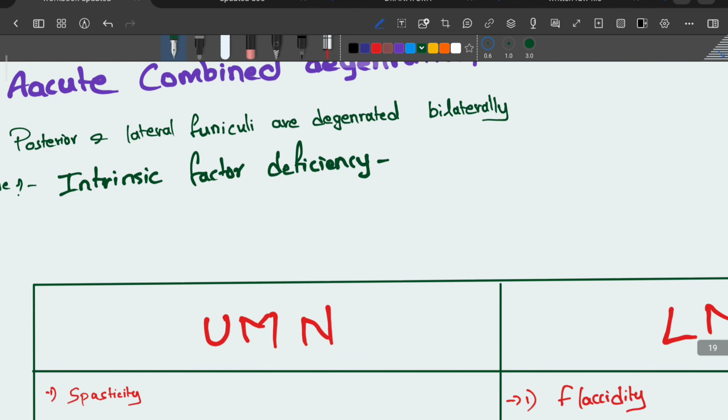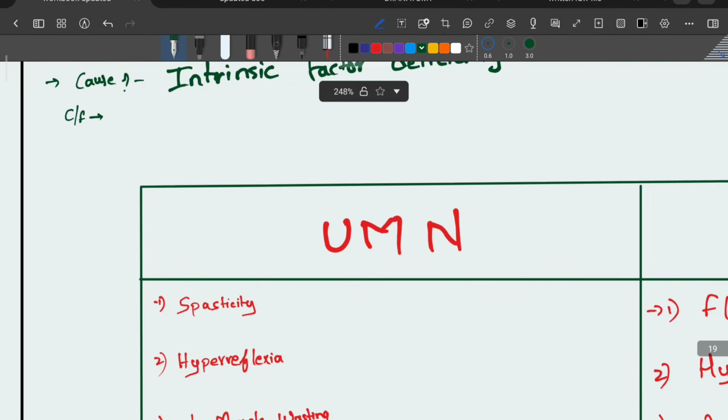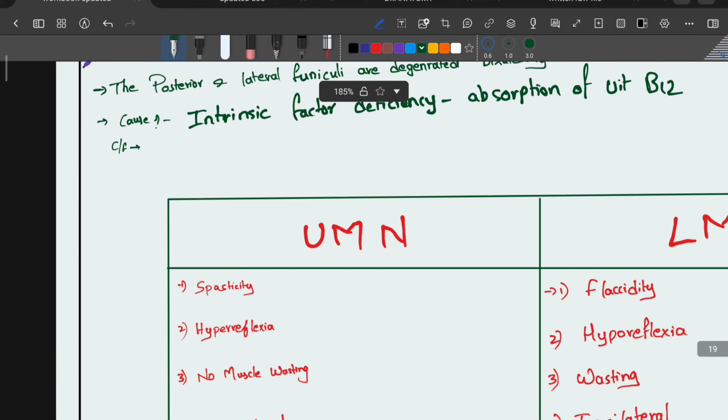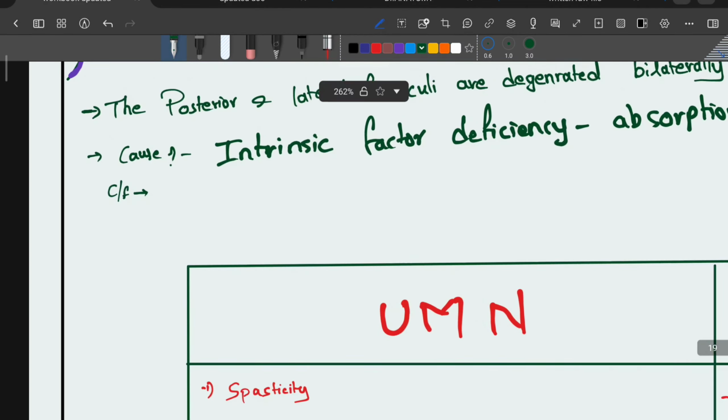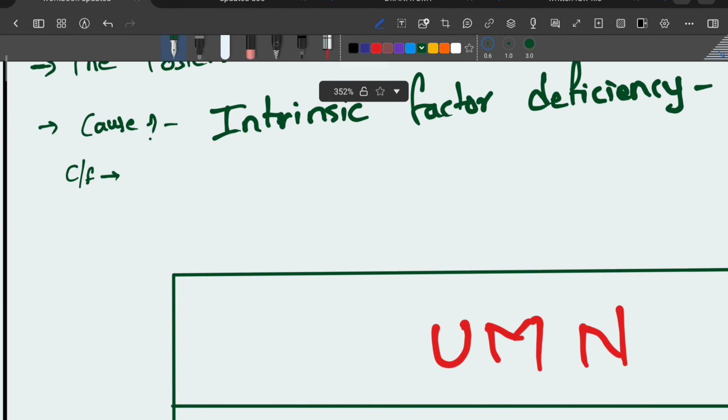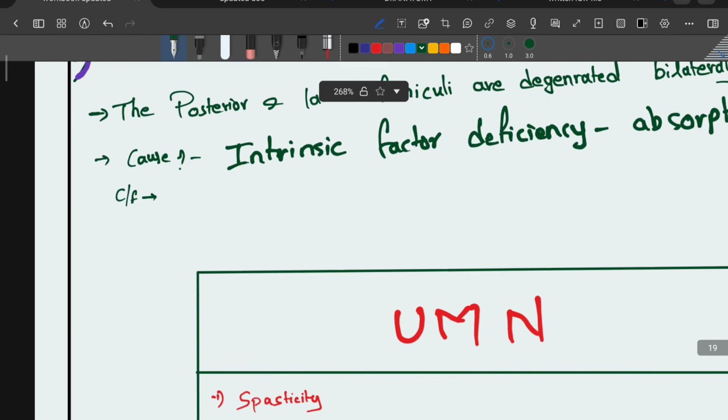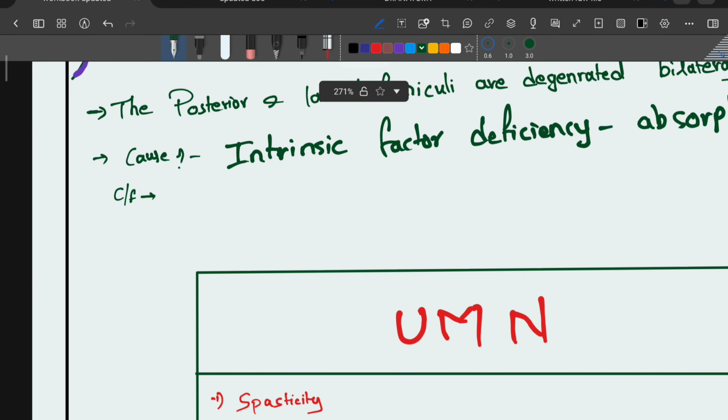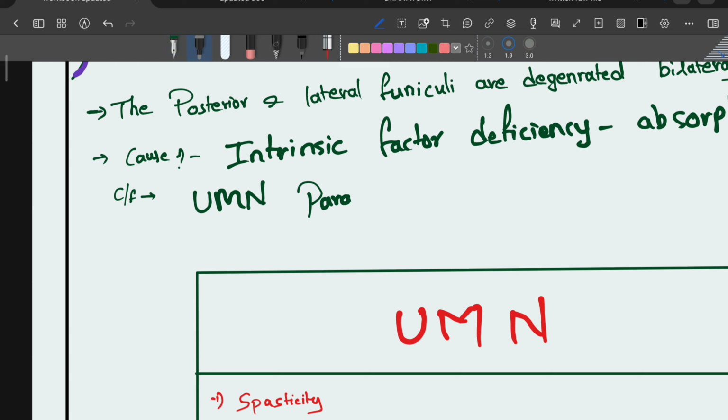Intrinsic factor helps in the absorption of vitamin B12. Clinical features: upper motor neuron paralysis.